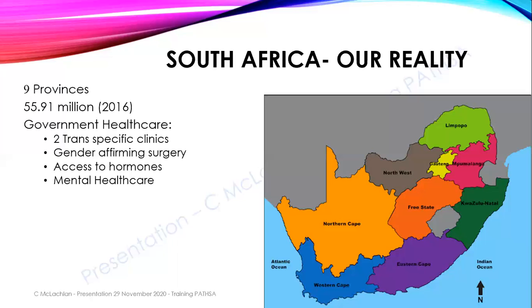Now, top surgeries, so the removal or adding of breasts, you can access through governments in Gauteng, the Free State, Western Cape, and KwaZulu-Natal. If we go to bottom surgery, you can access that in the Western Cape, Free State, and Gauteng. And then we had 1 vaginoplasty in the Eastern Cape. So you can see there's a lot of provinces that don't have any access to gender affirming surgery.